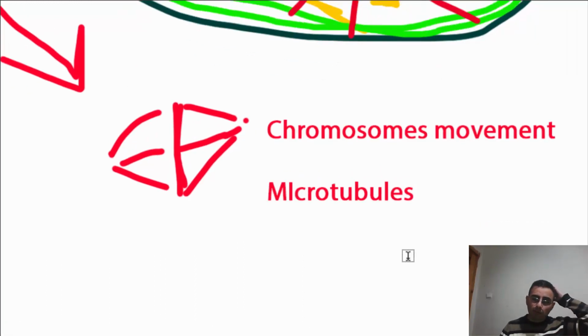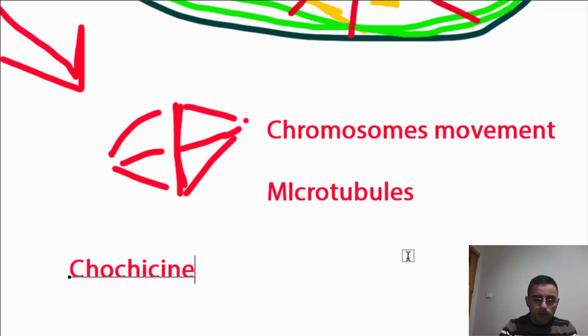Microtubule movement is an energy dependent process, and they need ATP. And there is a very interesting fact. Colchicine is a drug which is used for chemotherapy and which inhibits microtubule assembly.